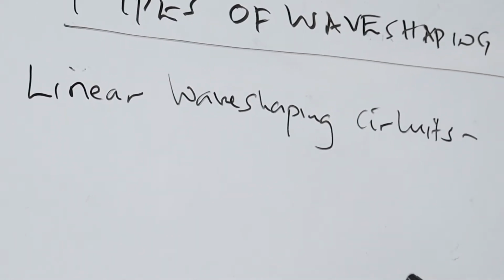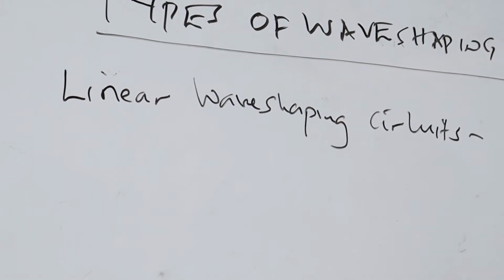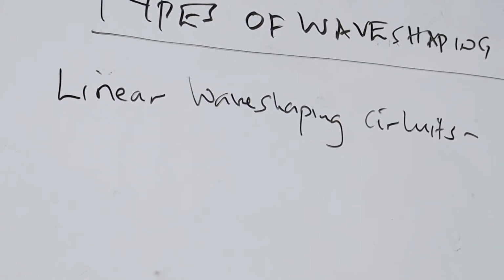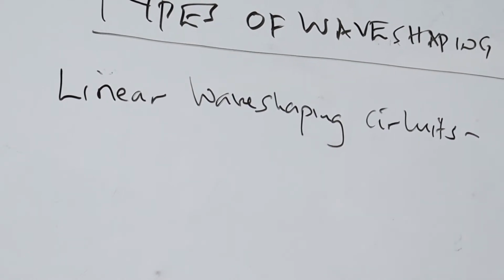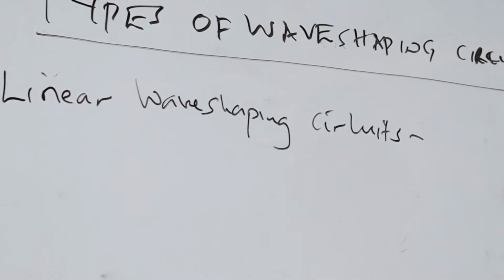When we talk about the linear wave shaping circuits, we are talking about circuits that basically use components like the inductor and capacitor to alter the waveform.